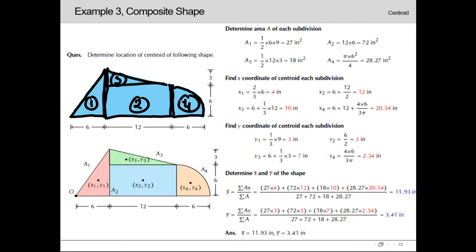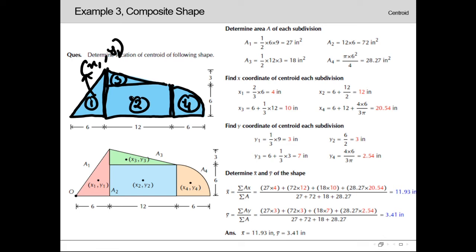Now we calculate the coordinates of the center of each of these small segments. For segment 1, we locate its centroid, that means x1 comma y1.